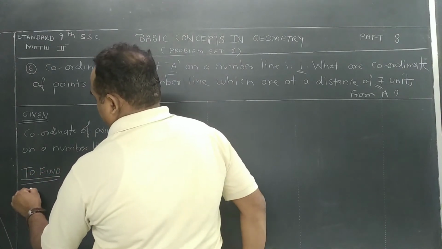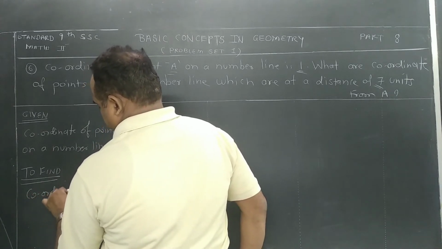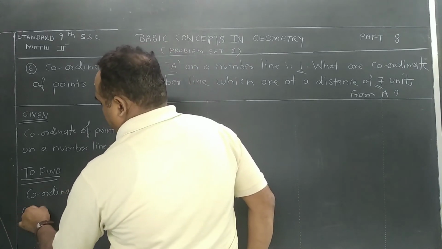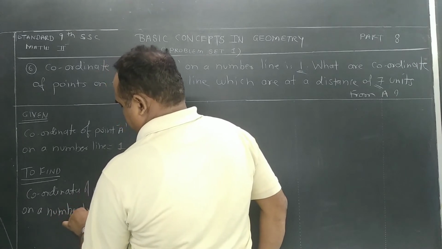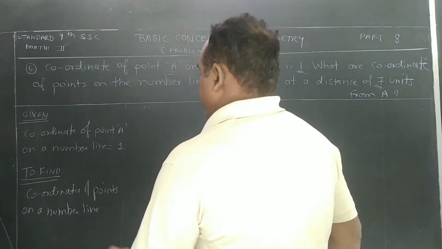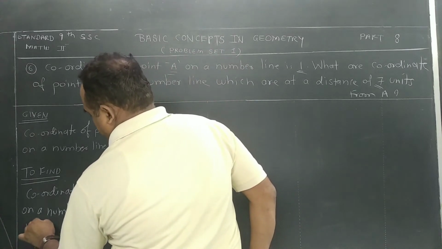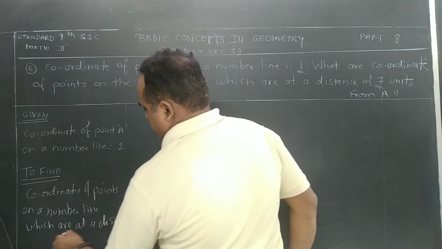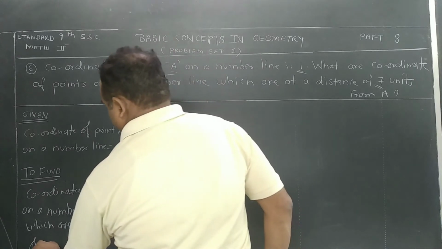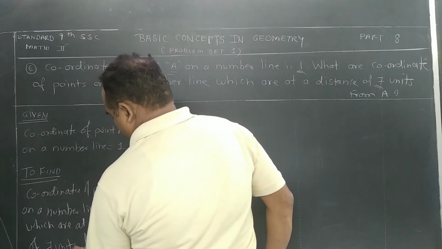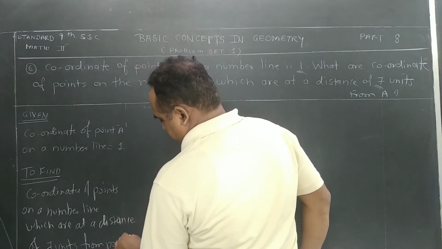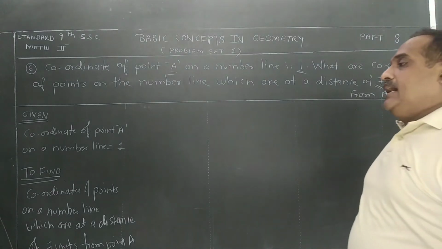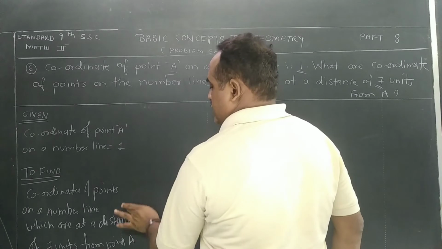What they have asked us to find is the coordinates of points on a number line which are at a distance of 7 units from point A. Now, what I told you is that this question is very similar to question number 4.